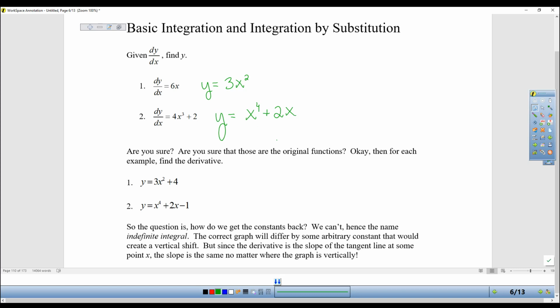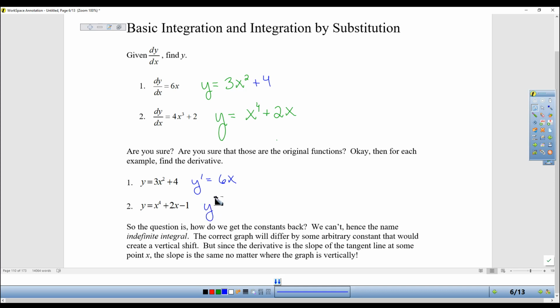4x cubed plus 2. So are we sure that those are the original functions? Think about these examples. If this is y, then y prime is equal to 6x. Well, that was the answer, but we didn't get 3x squared plus 4. Where did that 4 come from?